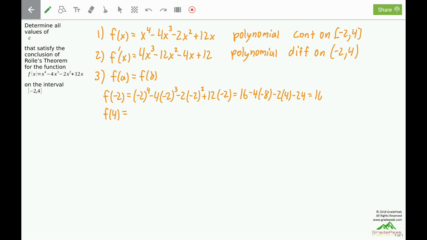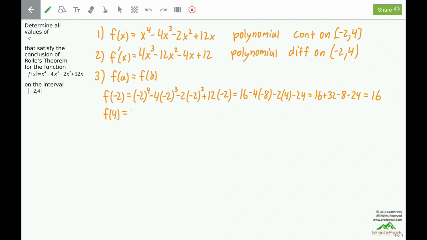This gives 16 minus 4 times -8, which is plus 32, minus 2 times 4, which is -8, and then minus 24. 16 plus 32 is 48. Minus 8 is 40. Minus 24 is 16.